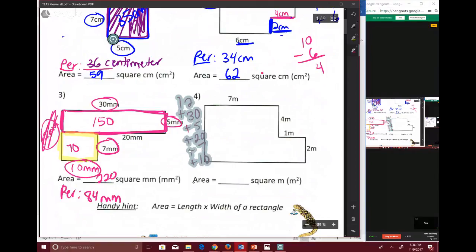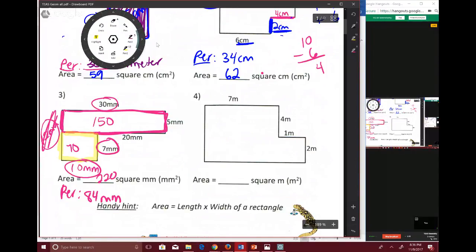Moving right along to 4. If you have any questions or concerns there, stop, take a quick look, maybe replay it if you need to. Moving into 4, we have a missing side right here. And we have a missing side right here.